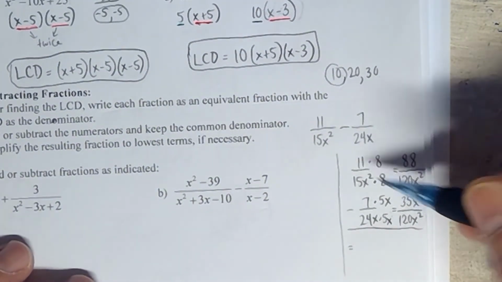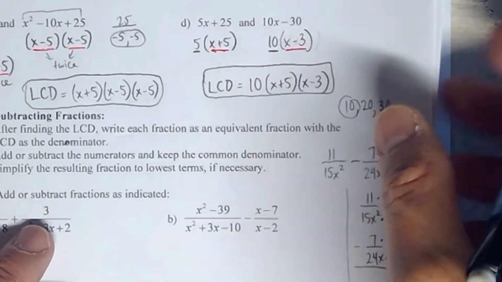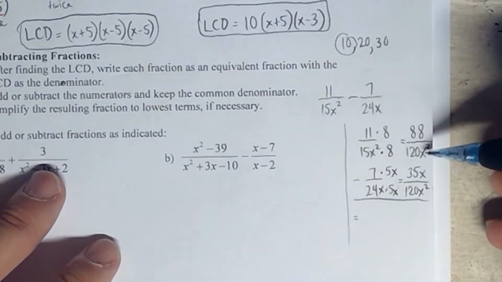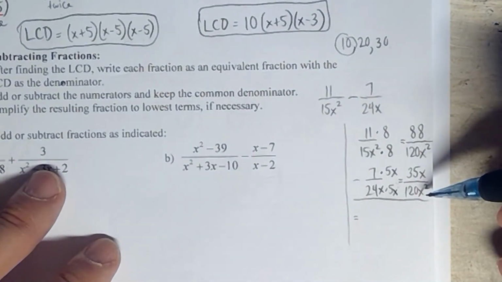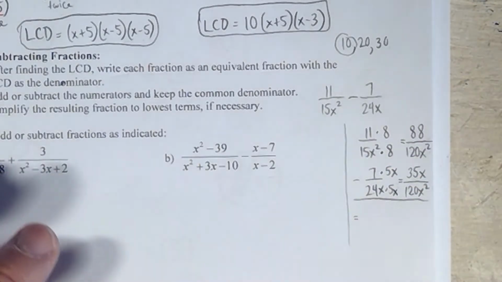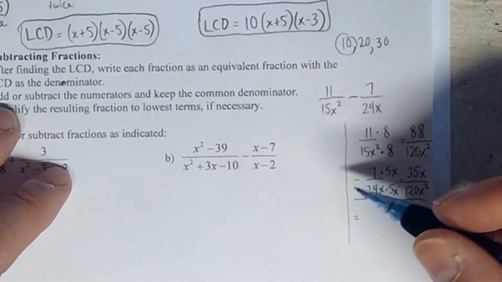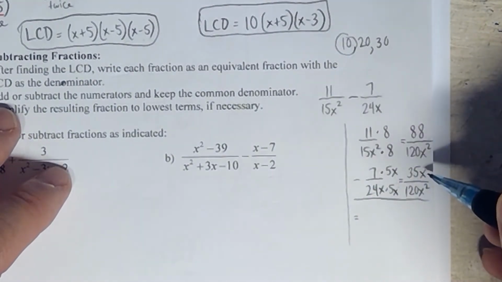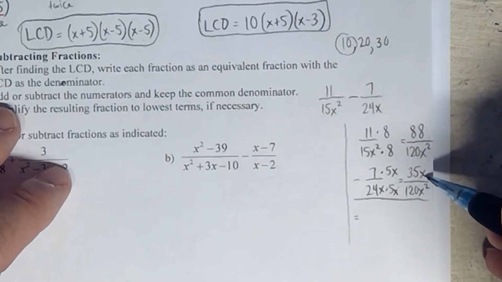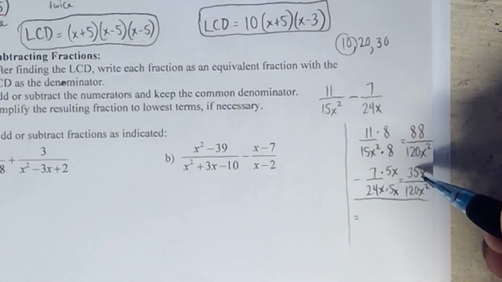These two fractions are equivalent to the original fractions. So it's still the same problem. It's just that we've now converted the denominators so that they'd be the same. Now that they are, you can subtract the numerators. Remember, when you subtract two terms, that doesn't mean you can combine them. If you have two terms that are not like terms, which these aren't, and you're asked to subtract them, that doesn't mean you combine them.